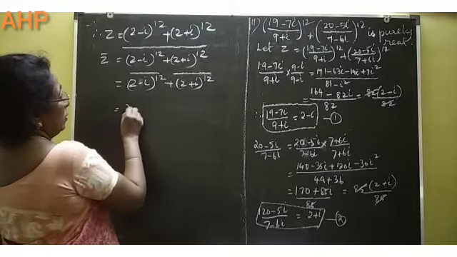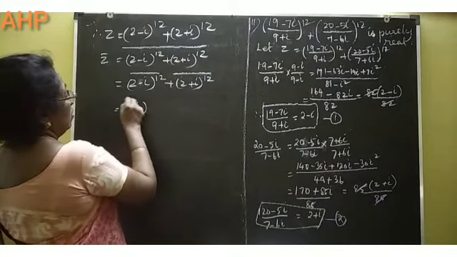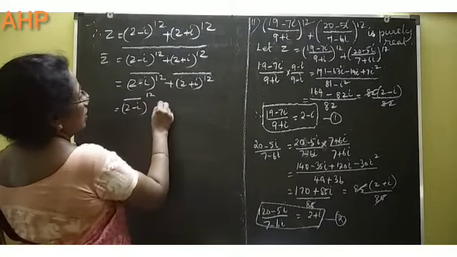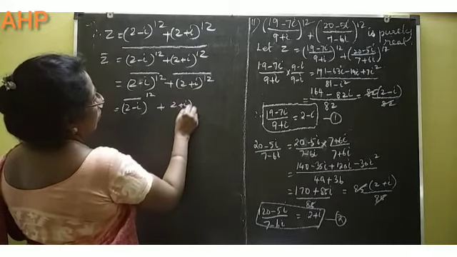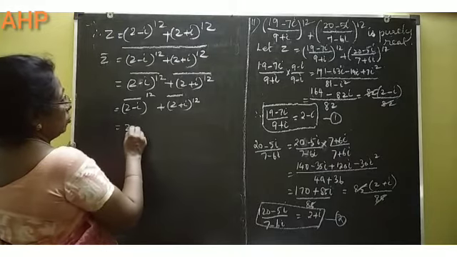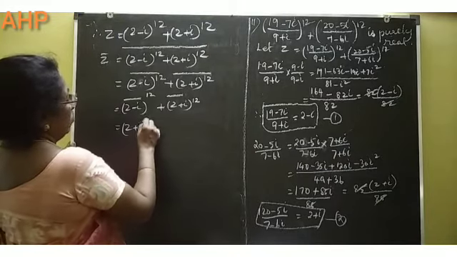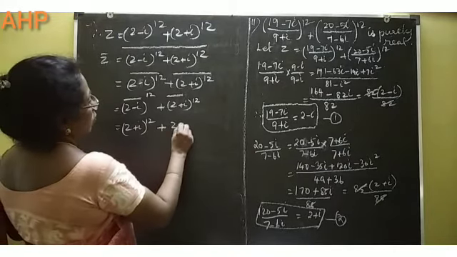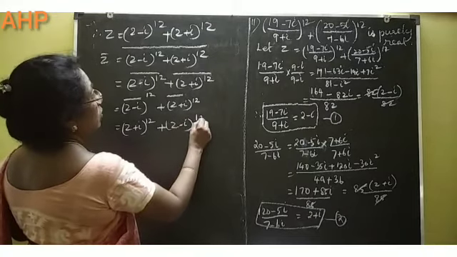Again using the property, (2 minus i) bar the whole power 12 plus (2 plus i) bar the whole power 12. So this is equal to (2 plus i) the whole power 12 plus (2 minus i) the whole power 12.